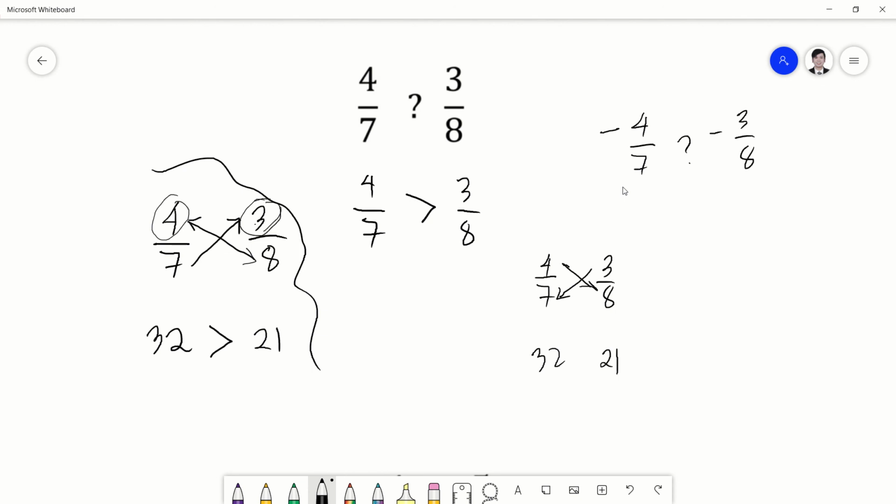It has to be opposite because take note, both are negative numbers. So that means it's the other way around. So negative 4 over 7 is less than negative 3 eighths.